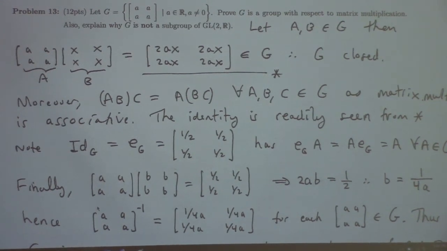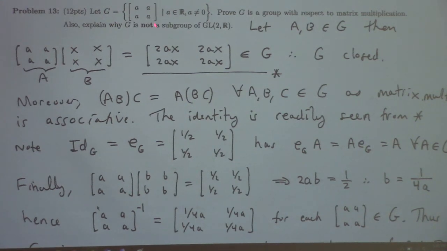If I go back, as I said, readily seen from star, if I put in a half, I get A times that, it gives me a half. And the fact that it's an identity on both sides is something I should actually check. Oh, I'm sorry, it's actually clear from this calculation that it works on both sides, because I could either put half, a half, a half, a half here, or I could put it there. Either way, I get whatever's not the half as a result. So it's clear that that's the identity.